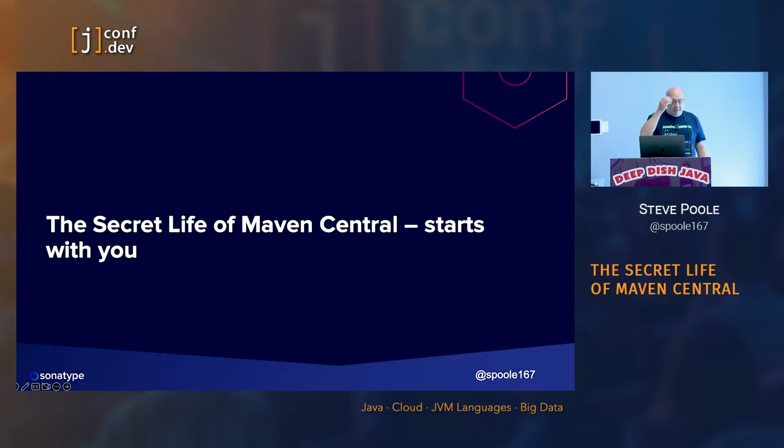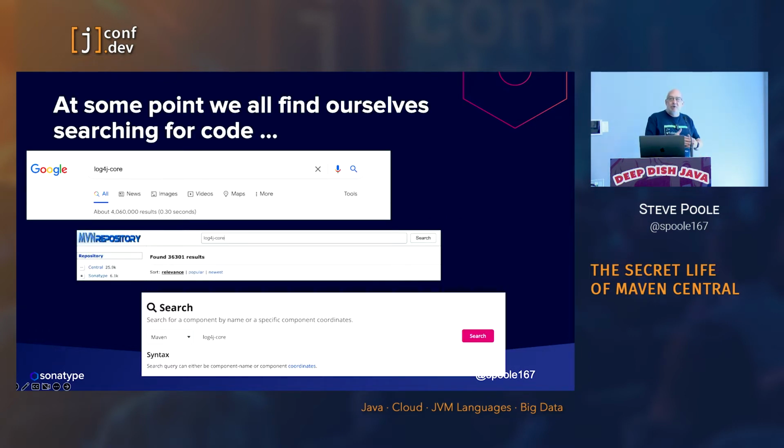So this is about Maven Central, right? It's an interesting story because actually it starts with developers. That's where it all begins, right? At some point in your life, probably very regularly, you search for some code because you want something new, and you Google for it, and you may hit Maven Central, Maven repository, whatever.